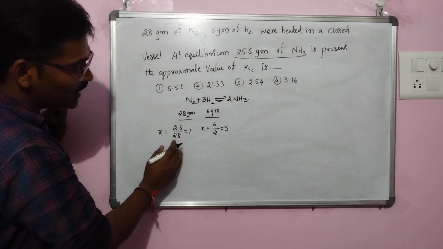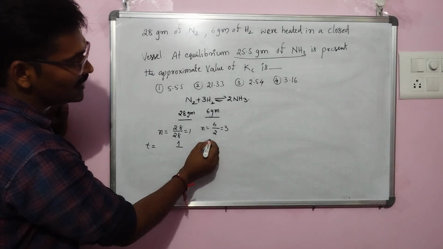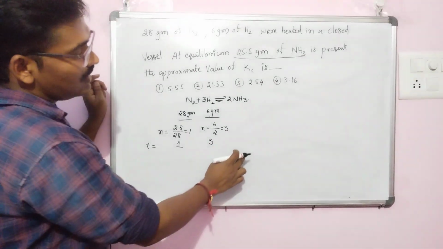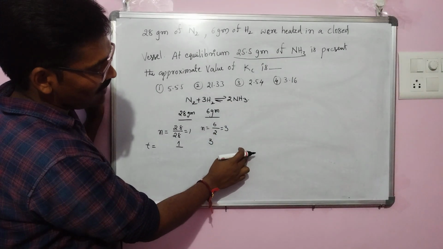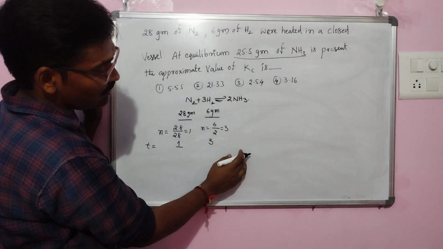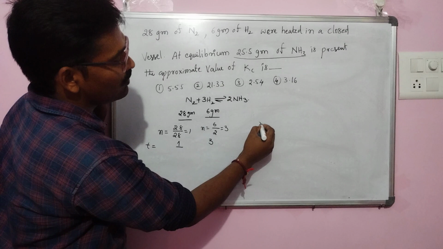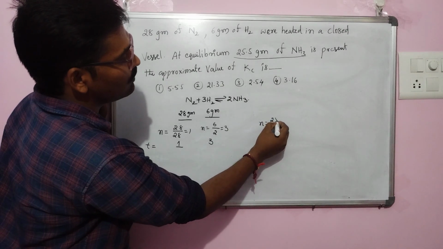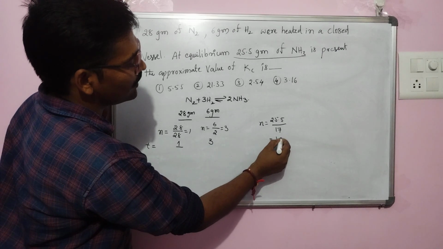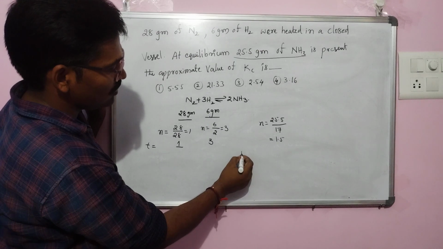At time t equals 0, it is 1 mole and 3 moles. Now ammonia is given as 25.5 grams. The number of moles of ammonia equals 25.5 divided by molecular weight 17, so you get 1.5. So at equilibrium, ammonia is 1.5 moles.